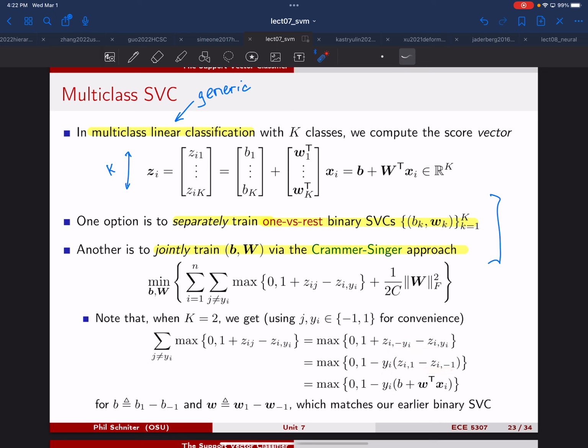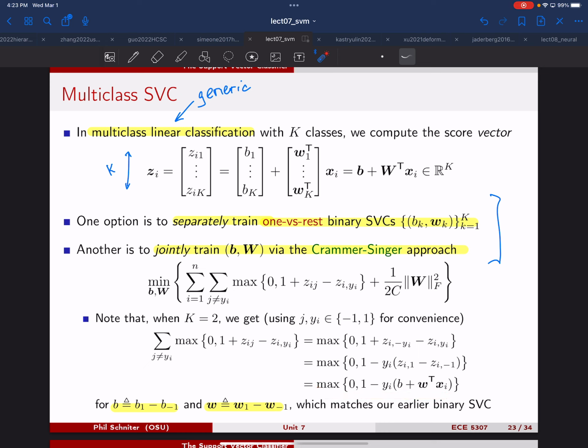And finally, if we define a new b variable, which is going to be b1 minus b negative 1. So these are going to be the weights, the two different weights we have in here. And if I define a new w vector, which is the difference between the two columns in w, and I just give these names b and w, and we plug those in, then this difference of z's turns into this, which is exactly the hinge loss we saw before.